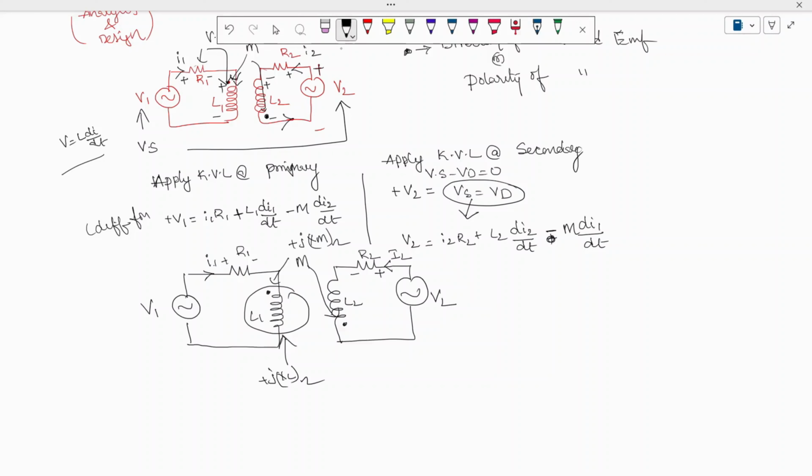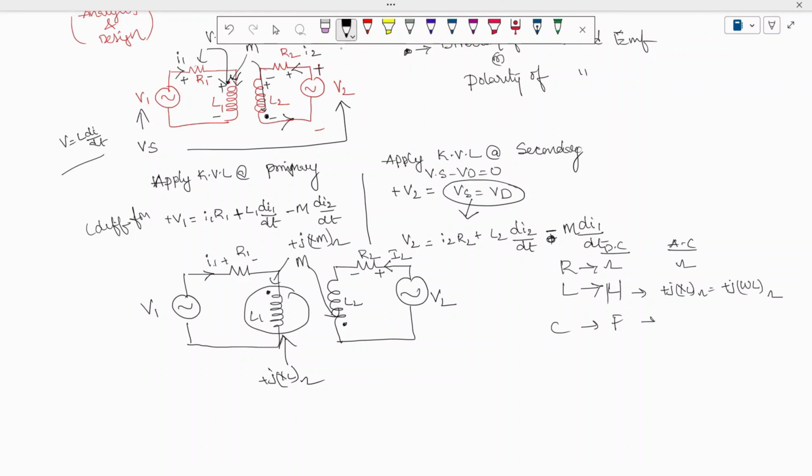Generally in DC we call a resistor ohms, an inductor Henry, and a capacitor Farad. In the case of an AC supply, we call them directly ohms. This inductor we can write as plus j XL ohms, where XL is equal to omega L ohms.